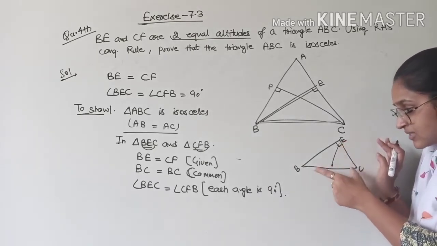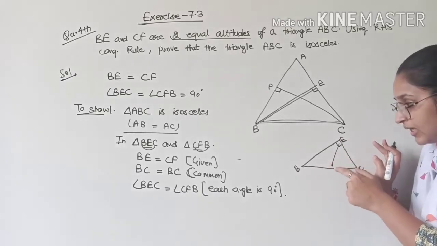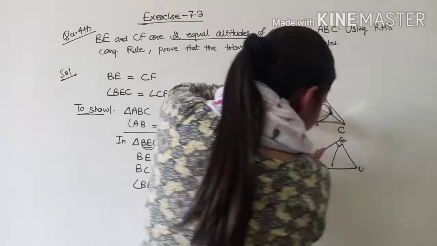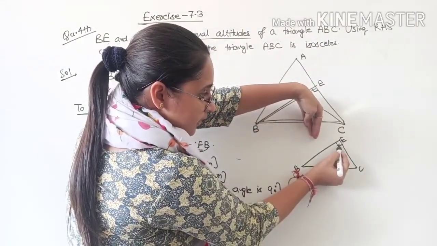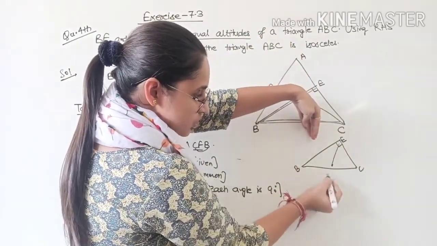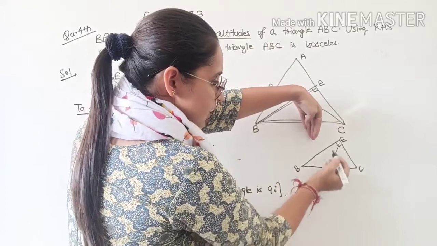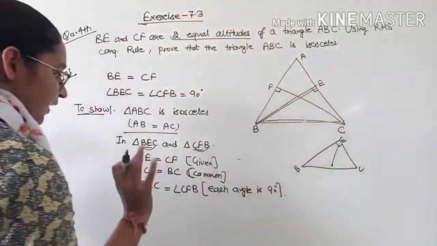And I know that the side opposite to the right angle is my hypotenuse. So in triangle BEC, this is the right angle, opposite to this BC is the hypotenuse, and BE, the altitude given, is considered as the side.